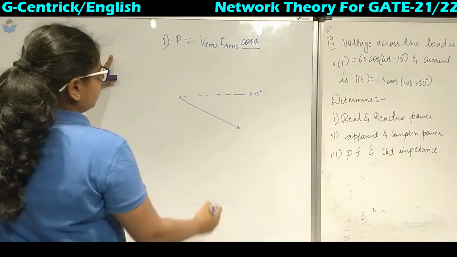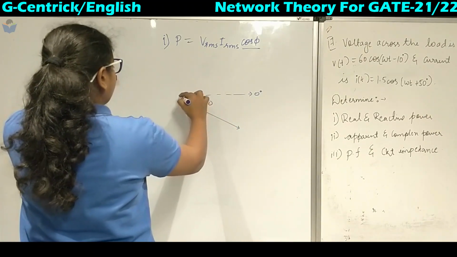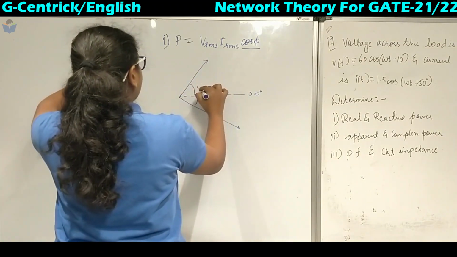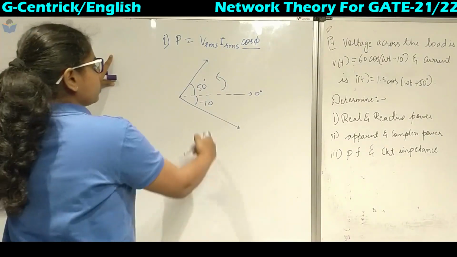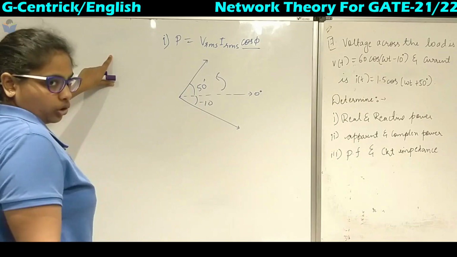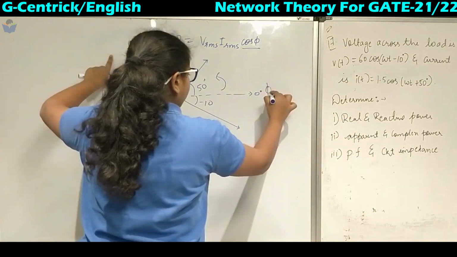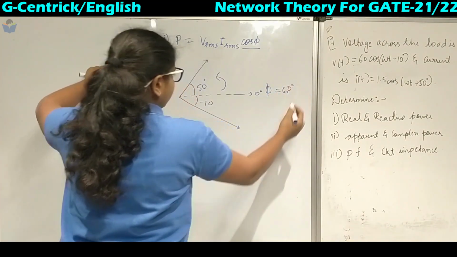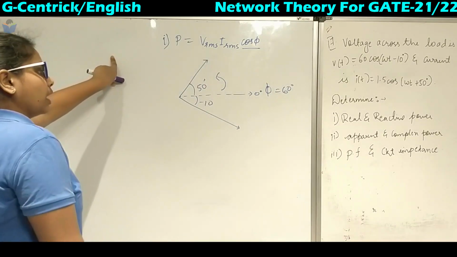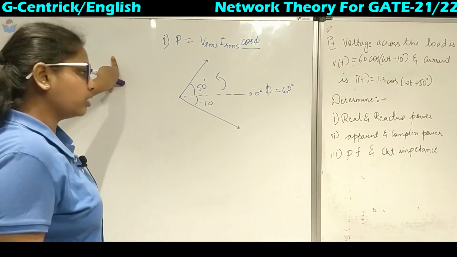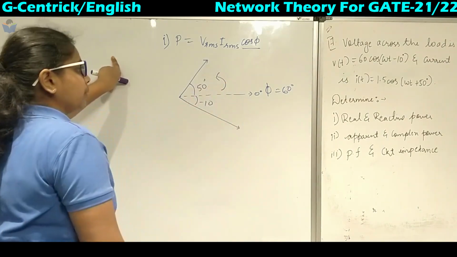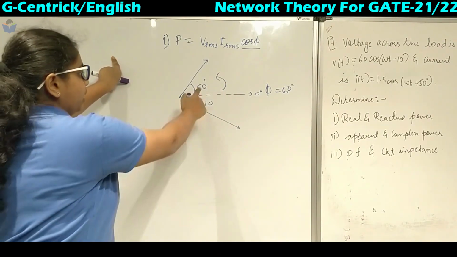It is plus 50, so going anti-clockwise is 50. So only we have to consider the magnitude, not the sign. So phi will be equal to 60 degrees. Directly you cannot just tell 10 or 50 or something. You need to draw the phasor diagram, take the reference 0 degree, add it up.